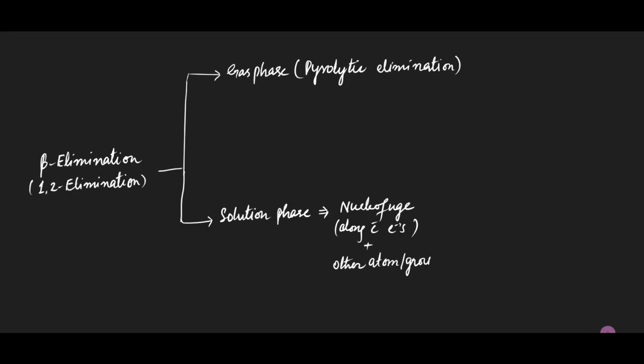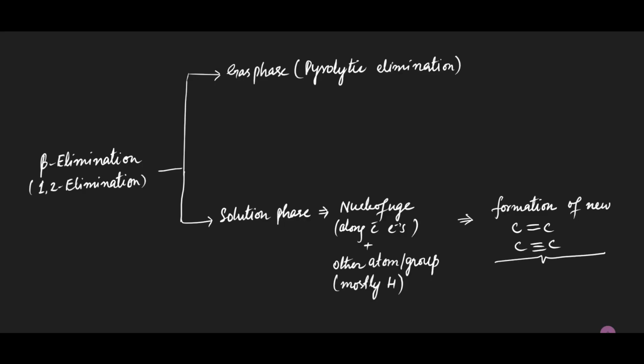The other atom or group leaves without its bonding pair, most often being hydrogen, which is abstracted by a base. Beta elimination in solution mostly leads to the formation of a new C-C double bond or C-C triple bond. This happens by any of the three types of mechanisms: E2, E1, or E1cB.